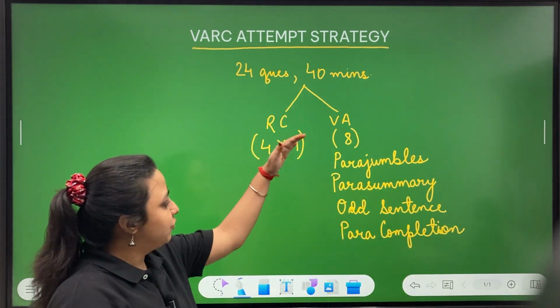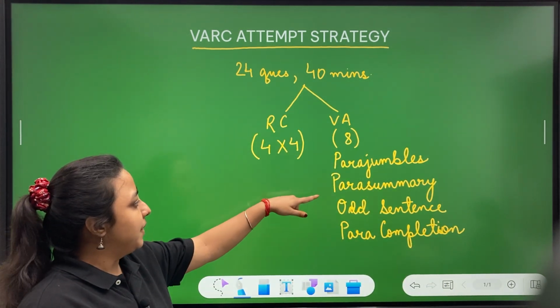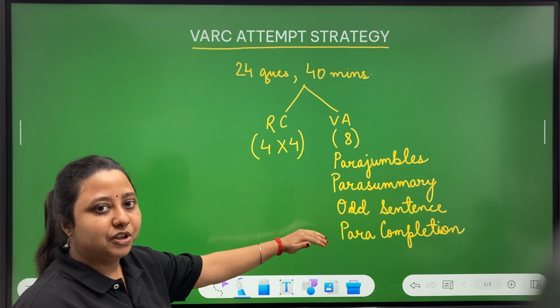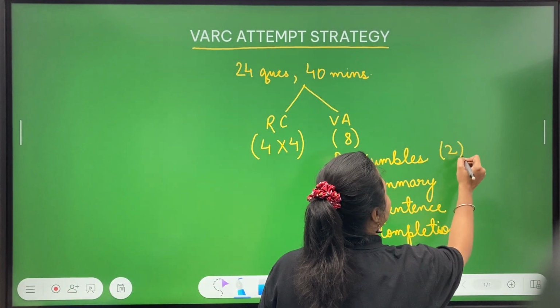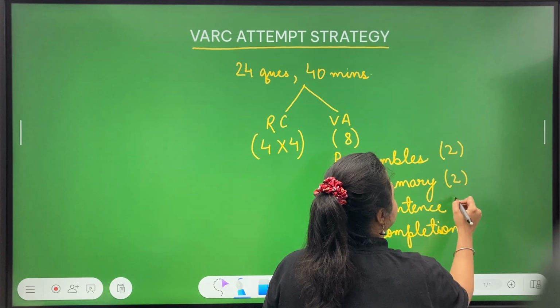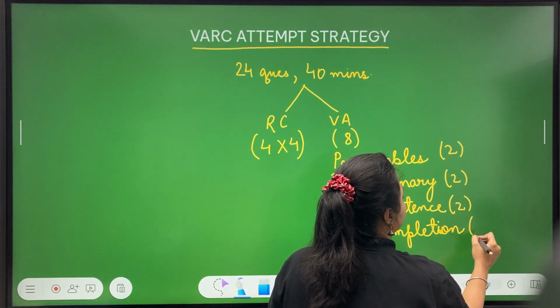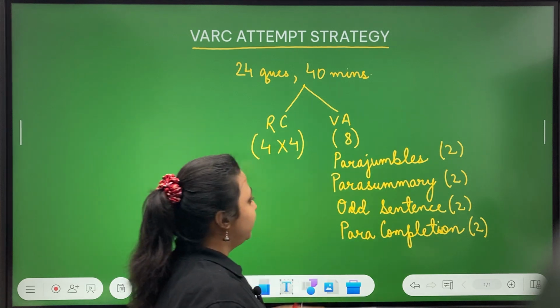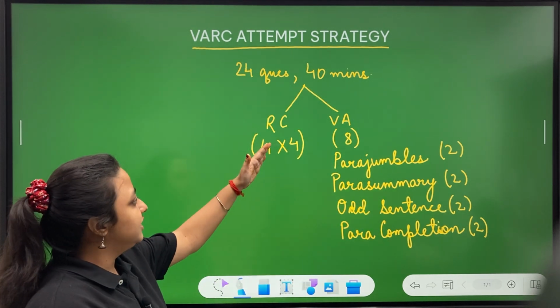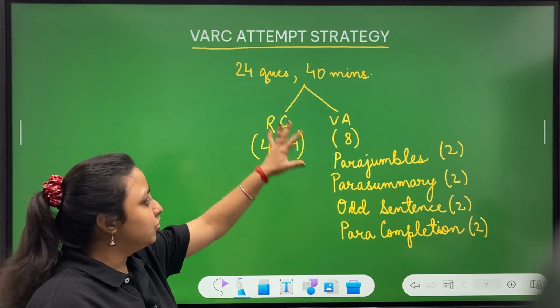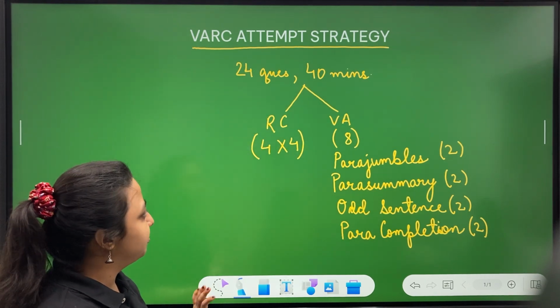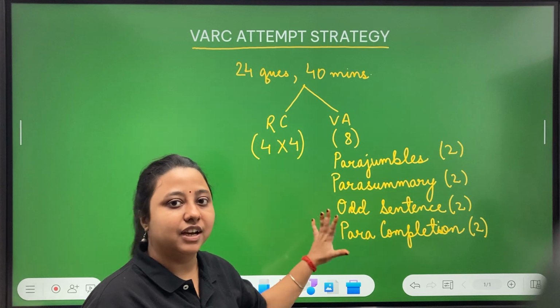So 4 subtopics: para jumbles, para summary, odd sentence, para completion, with 2 questions per subtopic. So this is 16, this is 8. Together you had 24 questions and 40 minutes. So this is the reference that we are going to use. This is the template of the question paper, the VRC section.